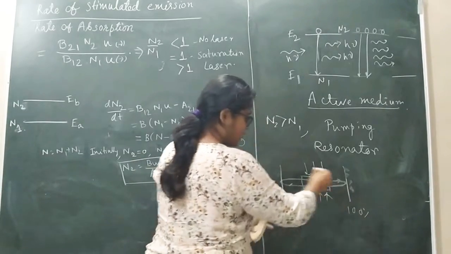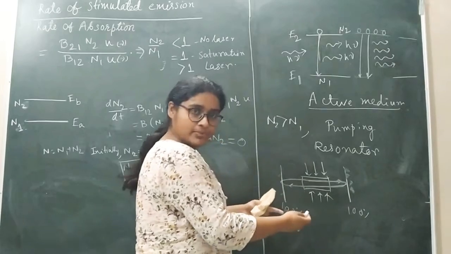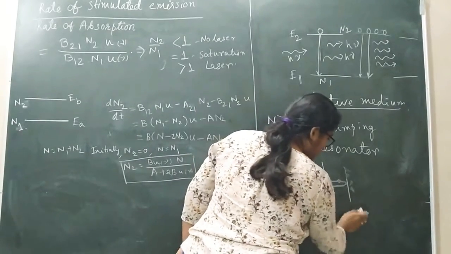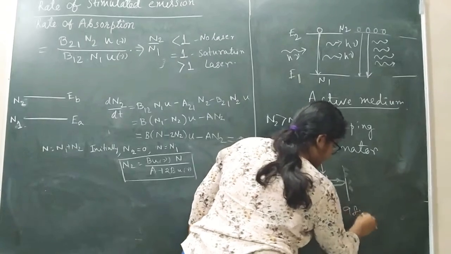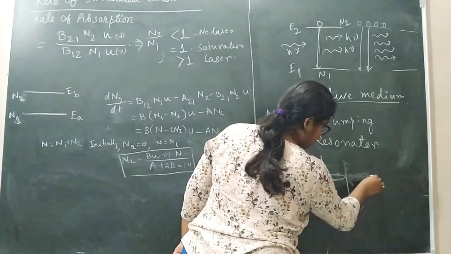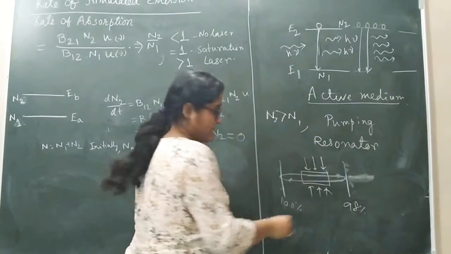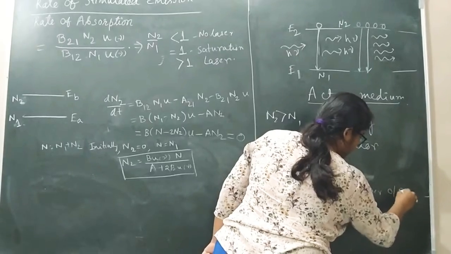So it will continuously do a round trip. Now if this reflectivity is 98%, some radiation goes outside the mirror, and that is the laser output.